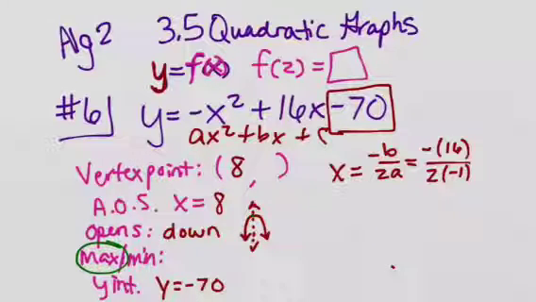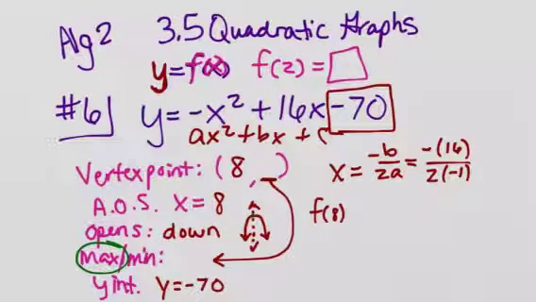Well, what do I do to find the y value for the vertex point? Well, I take that 8 and I plug it in to my function. So negative, and it's going to be 8 squared plus 16 times 8 minus 70. And I recommend that you do that in a calculator so that you don't have to worry about the steps, because this is what you end up with.